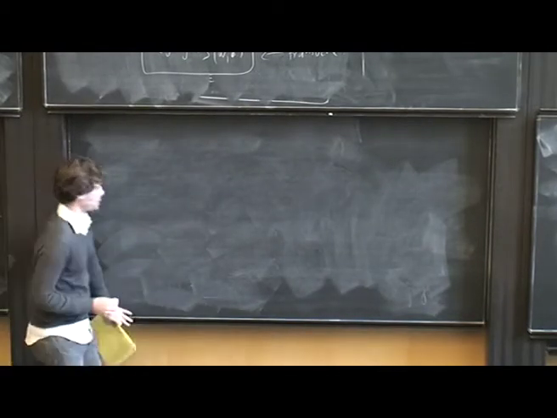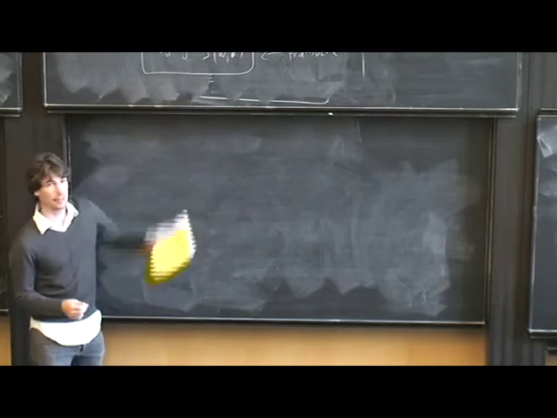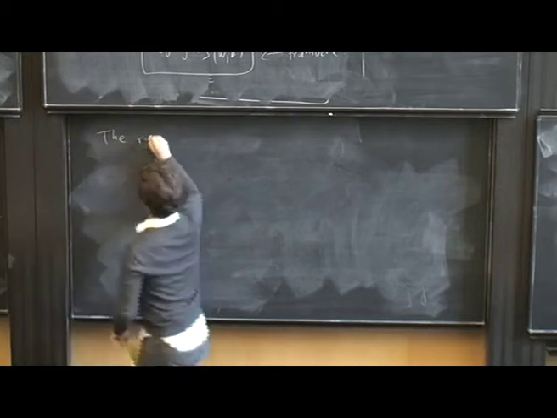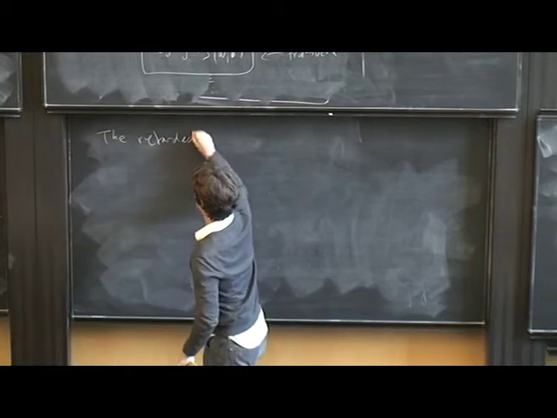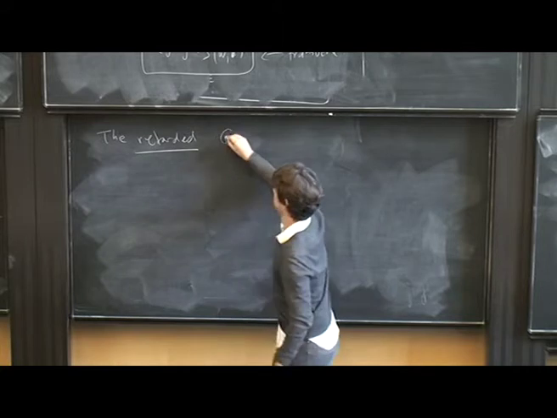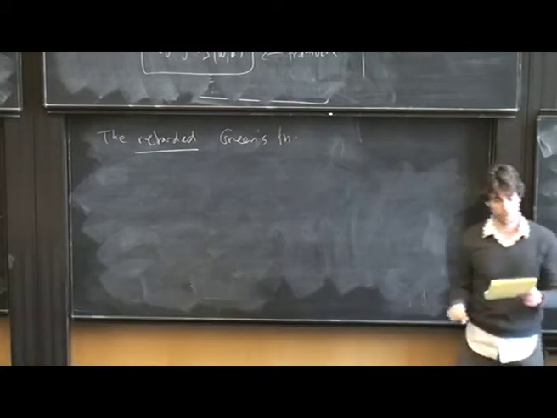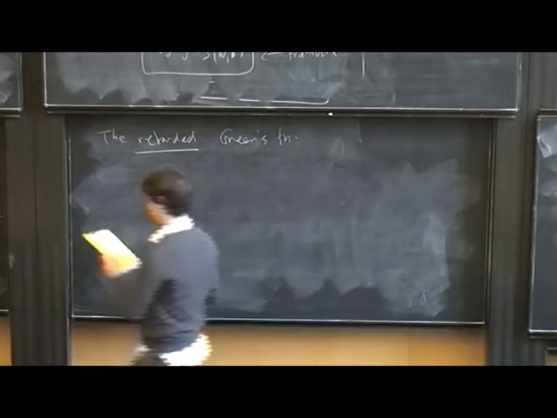And then, in particular, the two-point function that you care about for these purposes is the retarded Green's function. Not the Feynman propagator, which is possibly more familiar.